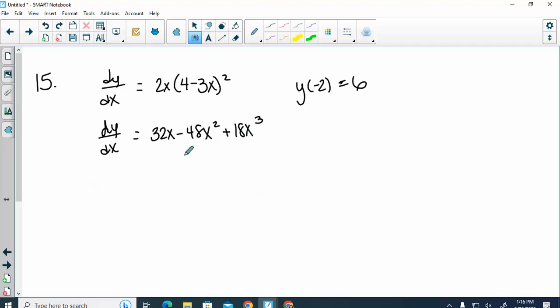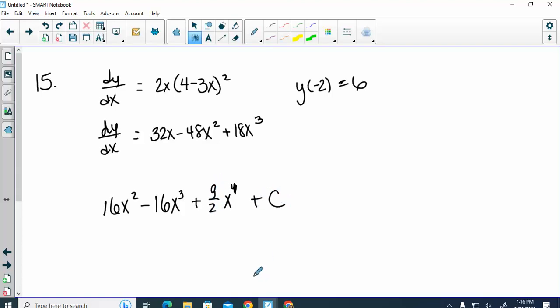So then your antiderivative of 32x minus antiderivative of 48x squared. So it becomes x cubed, so 1/3 times 48 is 16. This becomes an x to the 4th, so 18 divided by 4, or 9/2, plus c.